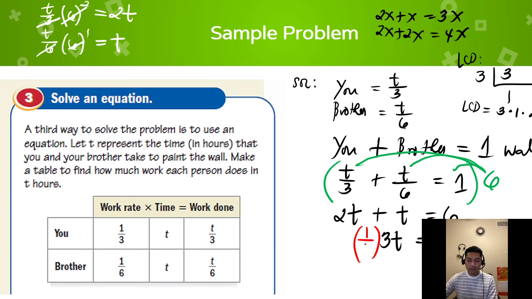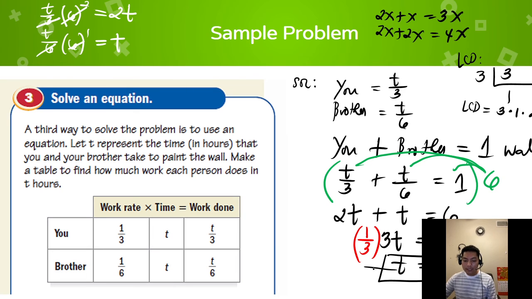So this is 1/3. And we also do the same on the other side. So that gives us then 1/3 times 3 is just 1. And 1 times t is just t. There's no need for us to write 1 because it's self-understood. Then we multiply 6 times 1/3. That's 6 divided by 3. That gives us 2.